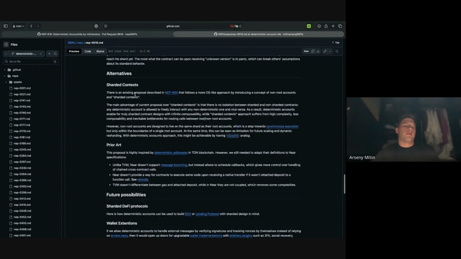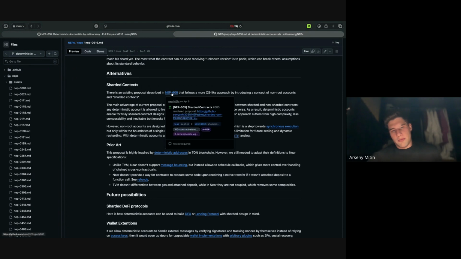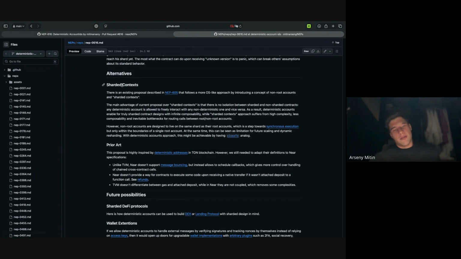So as for the alternatives, we had the sharded contracts that was initially proposed in the NAP 605. In comparison to this proposal, the sharded context is also nice, but it has two big limitations. First of all, we divide all of the smart contracts in two worlds in this approach, the sharded world and the non-sharded world, and unfortunately, they cannot interact directly with each other.